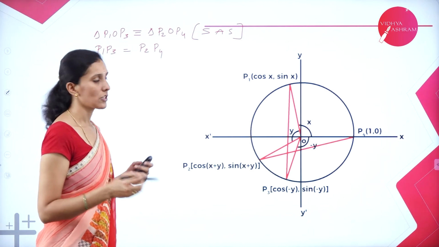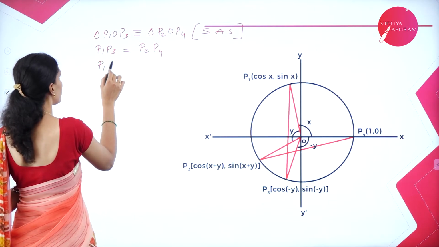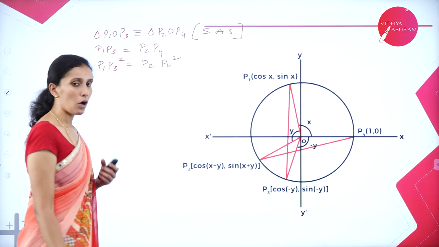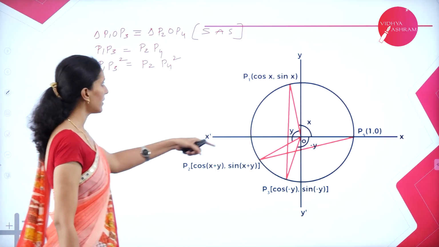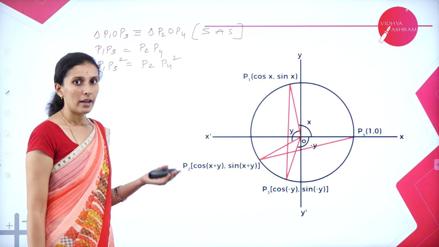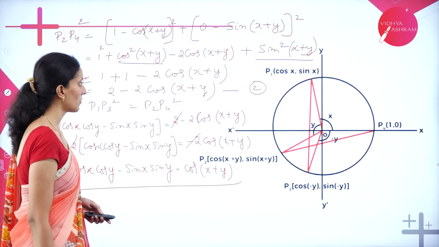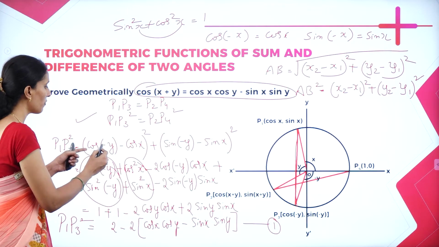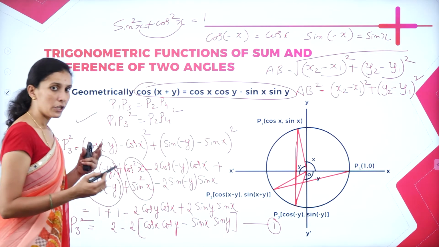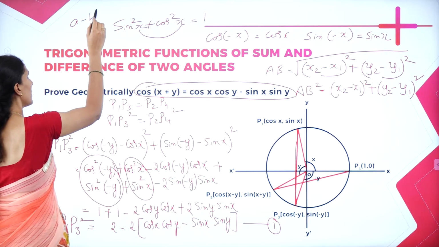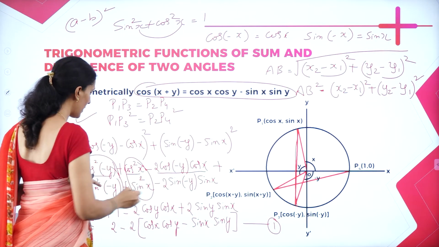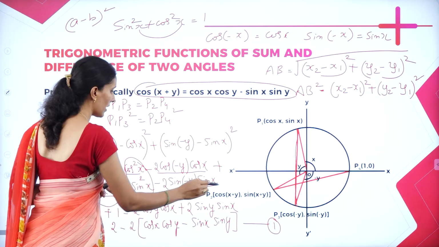So using the distance formula, I can square them and find the distance. So how will we get it? P1P3 squared: subtract in the form of cos(-y) minus cos x, whole square, plus sin(-y) minus sin x, whole square. Using the formula of (a minus b) whole square, expand this in the form of a square plus b square minus 2ab, again a square plus b square minus 2ab.